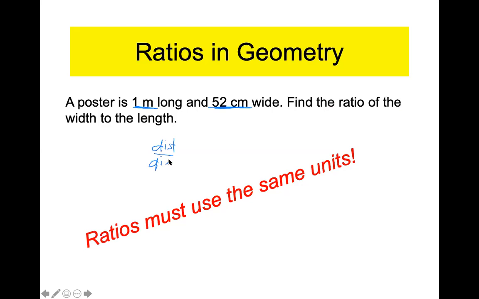Now, sometimes you might have a ratio where we're comparing distance to time, and therefore you can't. Or like miles per hour? Yeah, miles per hour would be a rate. And so therefore you can't convert miles to hours or vice versa. But when you have distance compared to distance, then absolutely we got to make sure that we have like units.